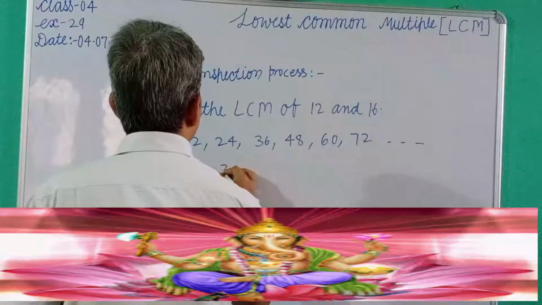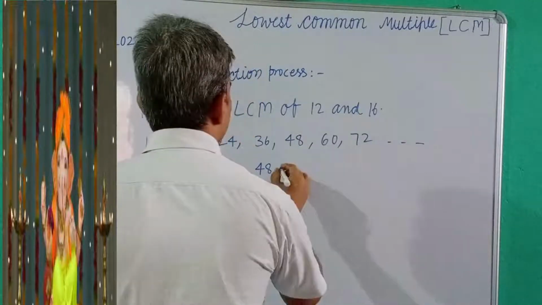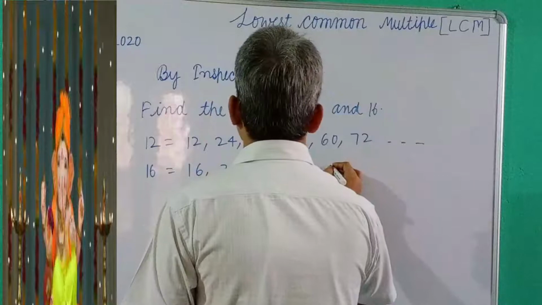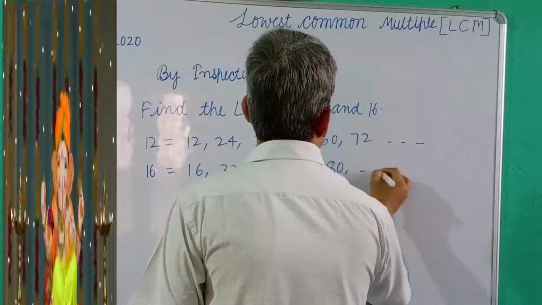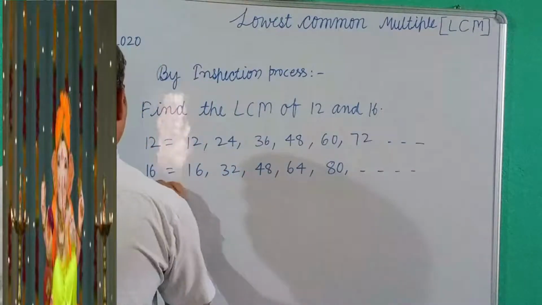Now again multiples of 16: 16, 32, 48, 64, and so on. Lowest common multiple.